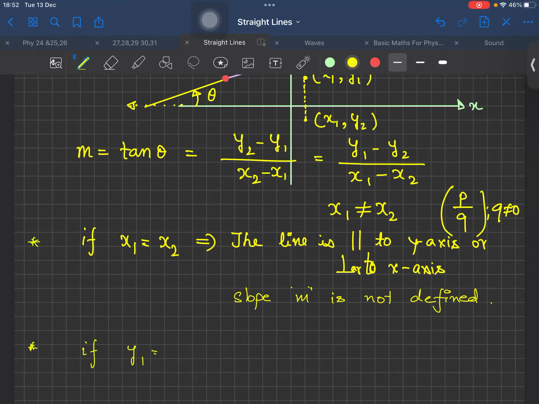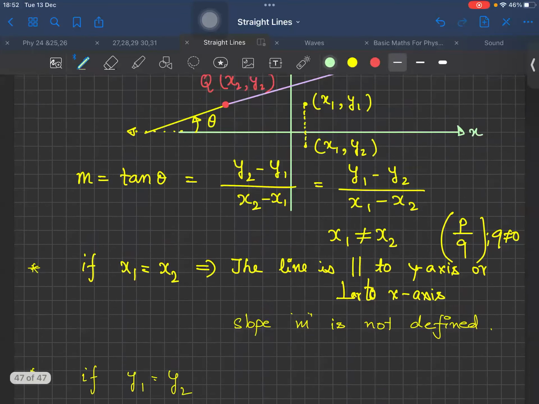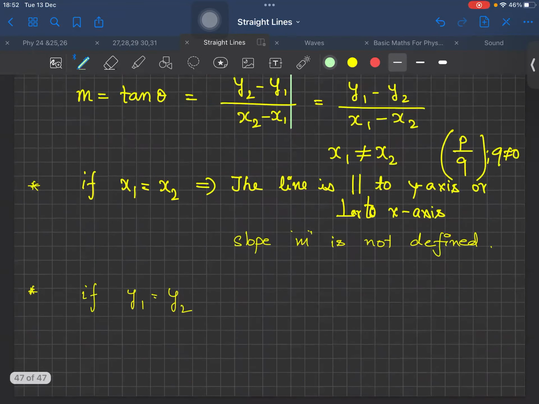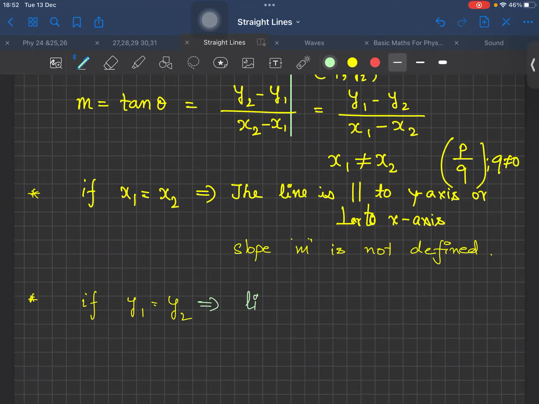If y1 is equal to y2, what do we mean by that? In this same graph, the line is something like that. This is x1, y1, and this will be some point x2, y1. So here y1 and y2 are equal. That means the line is parallel to the x-axis or perpendicular to the y-axis.